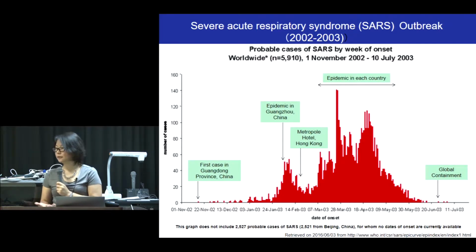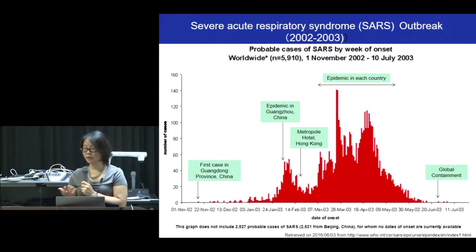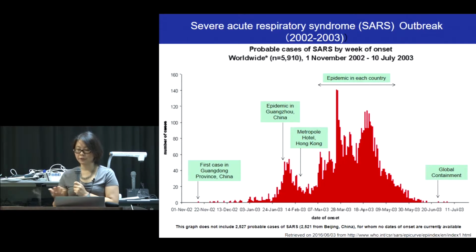In general, the disease will begin with high fever, and it may have other symptoms like headache, feelings of discomfort or body aches. And after 2 to 7 days, the patient may develop cough, okay? And most patients will develop pneumonia.